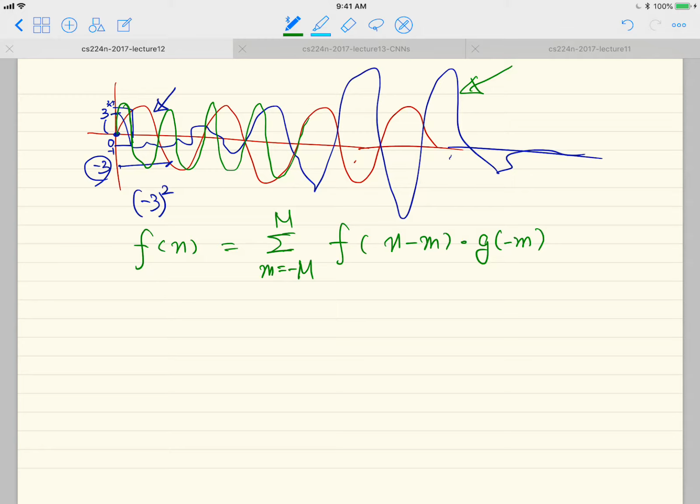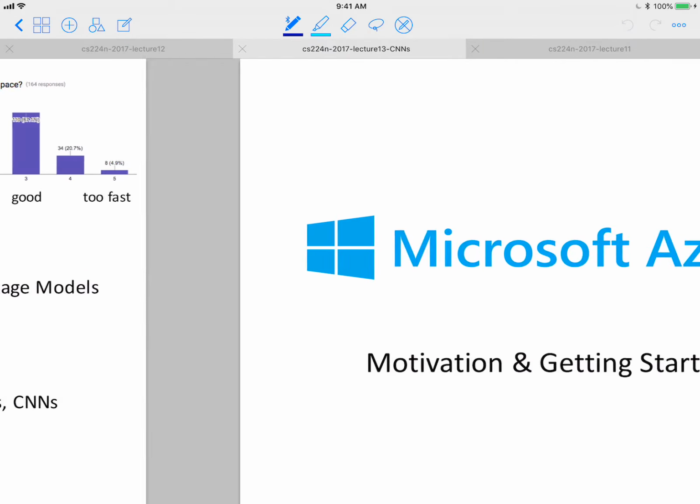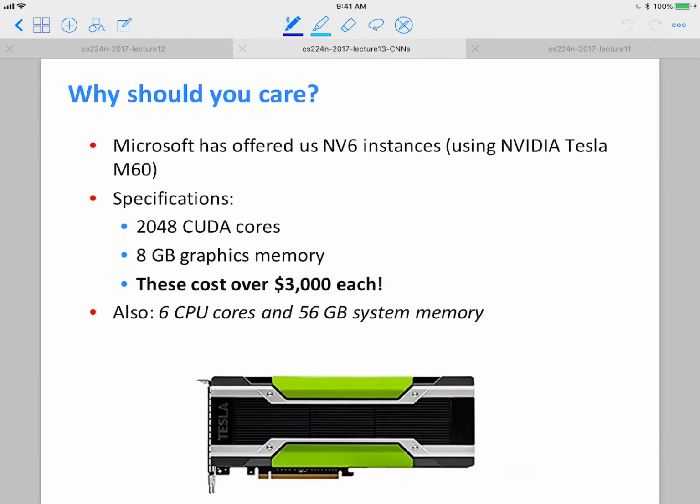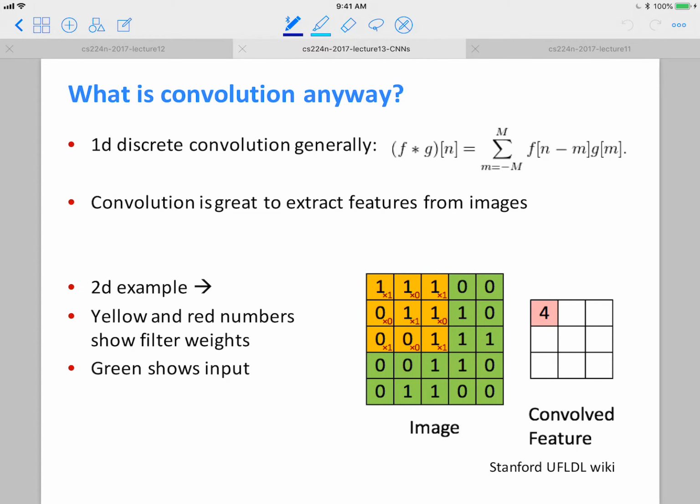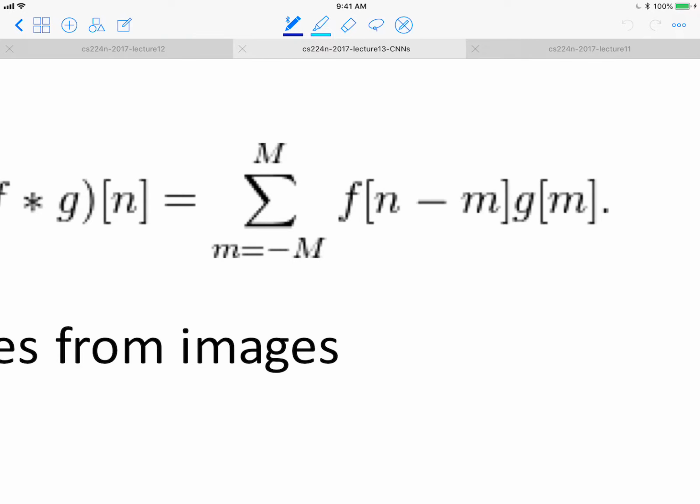Where did we see this equation? Okay. Can you tell me the page? Oh, yeah, right. Okay, so here, right, so this is the convolution, right?